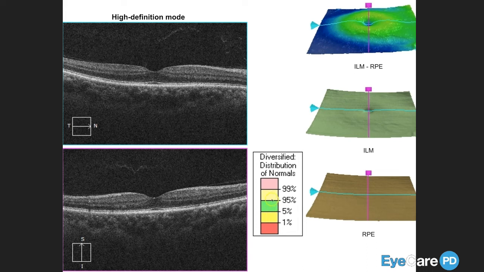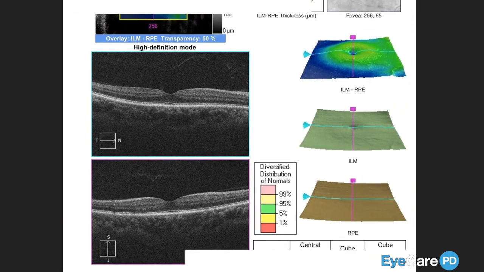If you're a bit thicker than normal, you'll be a straw color, very, very thick, pink. As opposed to if you're down here, in that yellow color, you're going to be thin, and red would be very thin, very abnormal. You wouldn't expect to find that in more than 1% of the population, so it's quite a significant indicator for you.